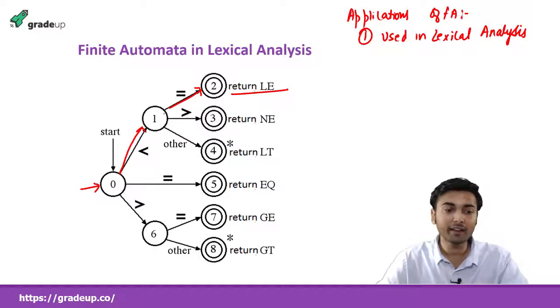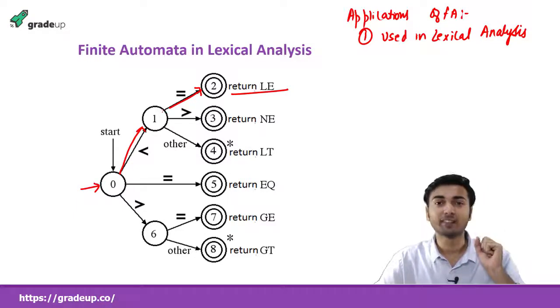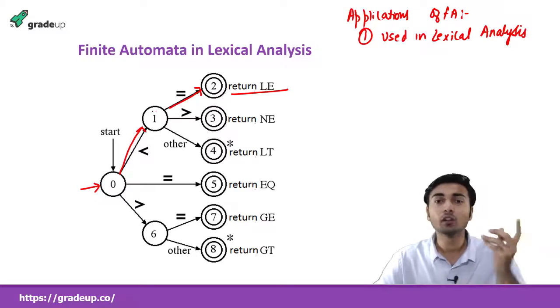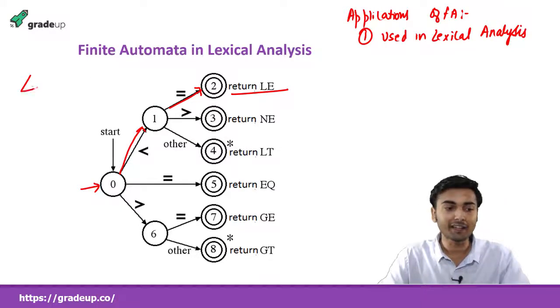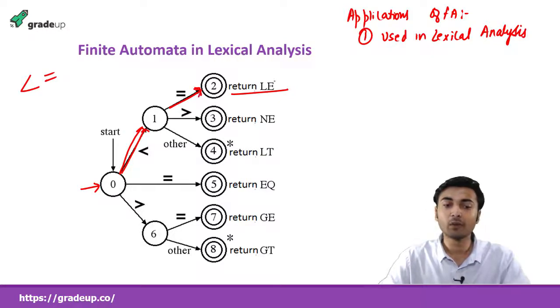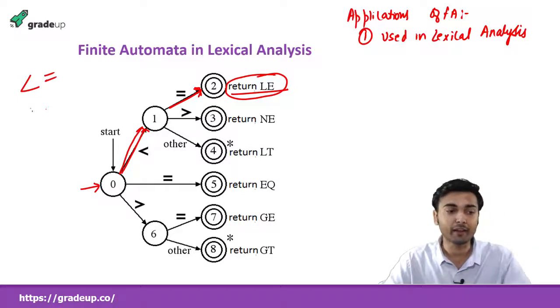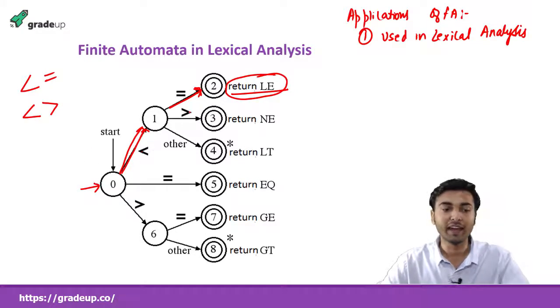This is lexical analysis. Lexical analysis means scanning, so you are scanning your program. Suppose while scanning you got something like this. You will go less than, then equal. So what will you return? Return less than equal to. Same here: if you got less than, greater than, then it will be not equal to.